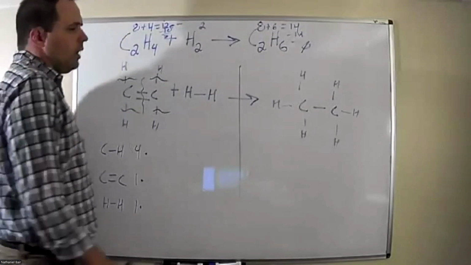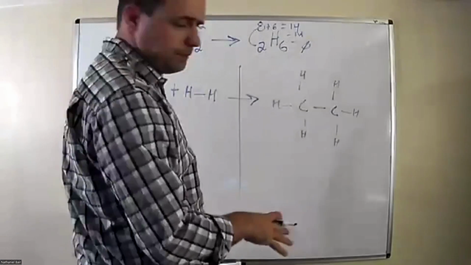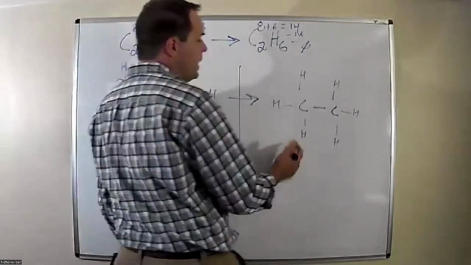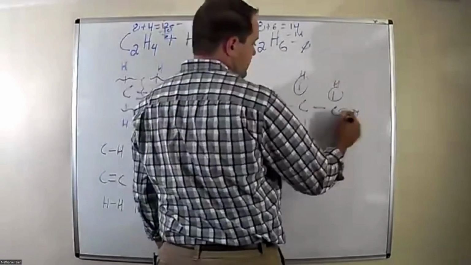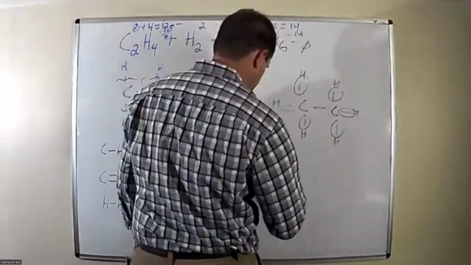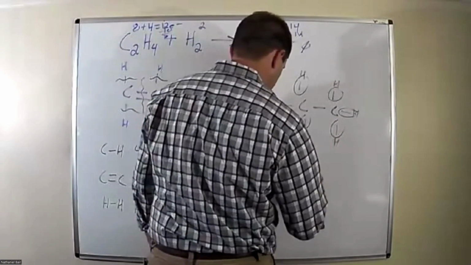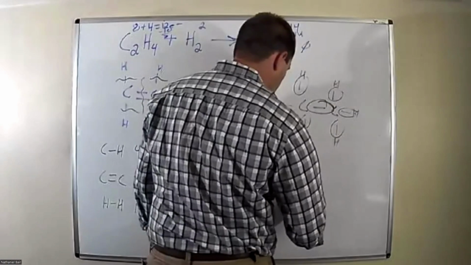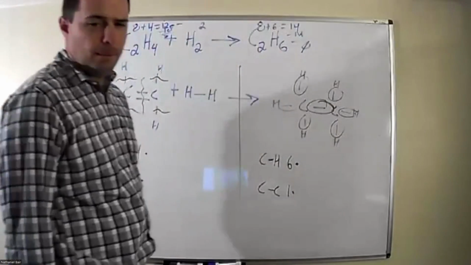Cool. And then we're going to come over here, and say, what are we going to be making? Well, I'm going to be making 6 C to H single bonds, and 1 C to C single bond.